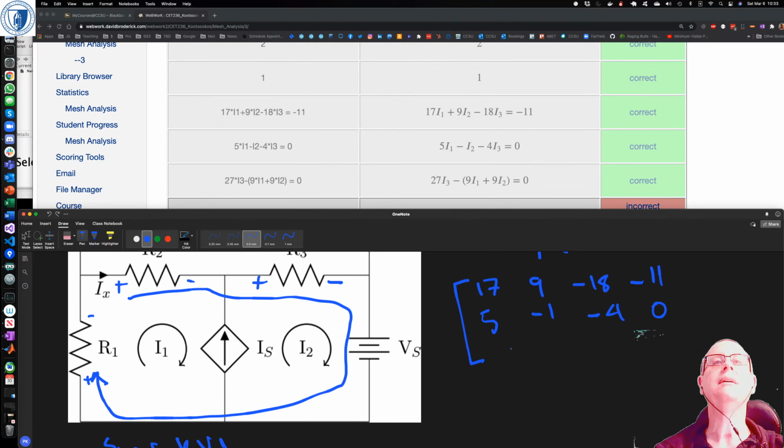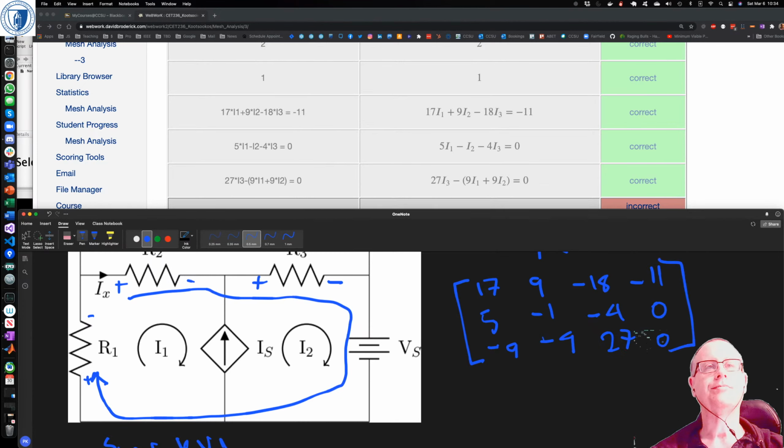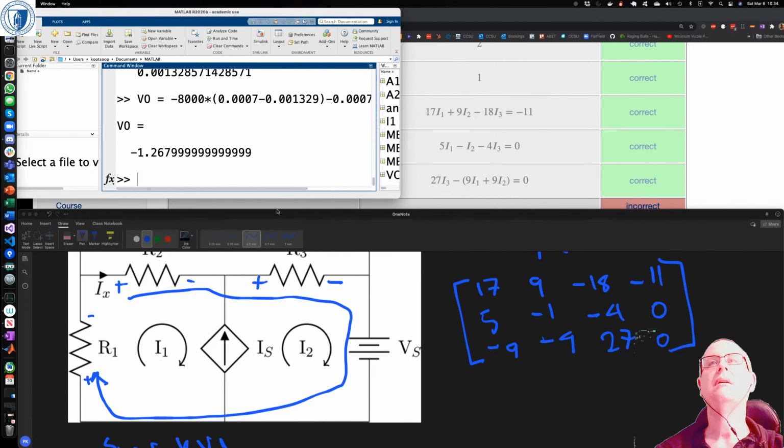Got to be careful there. That's minus 9. Minus 9. 27, 0. Okay, and if we plug that into RF, we should get our values.